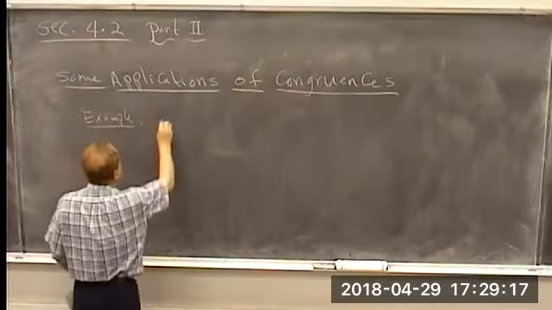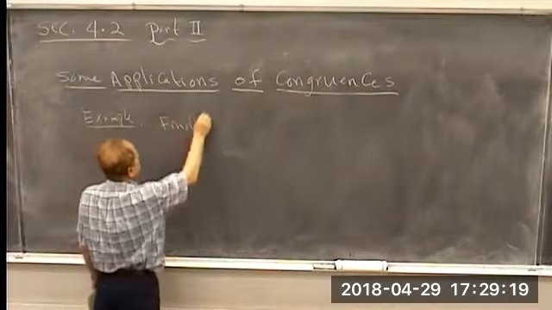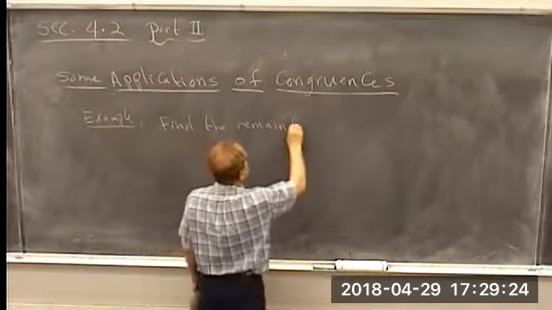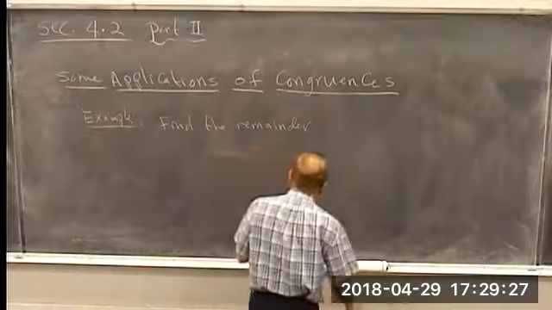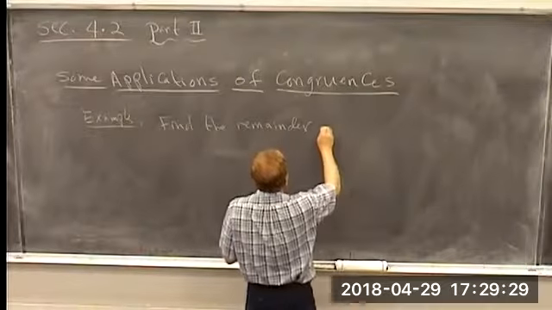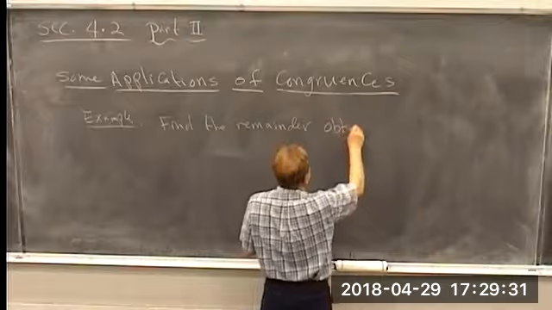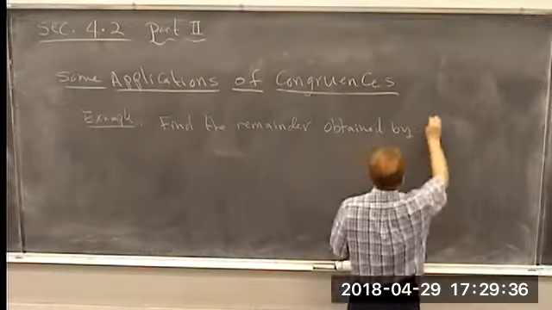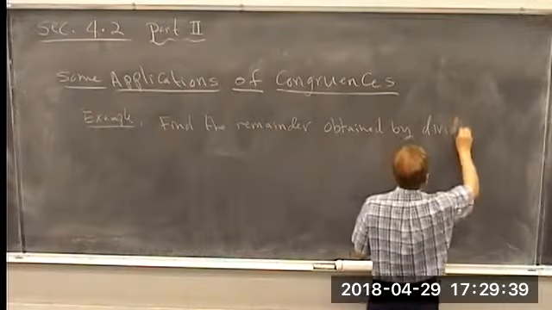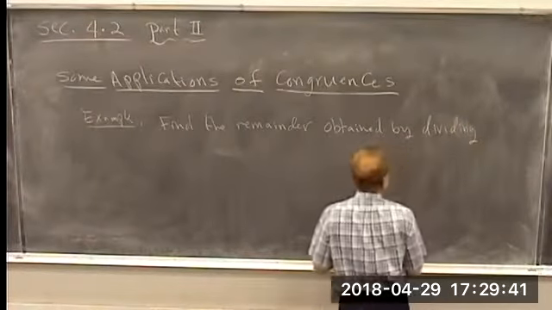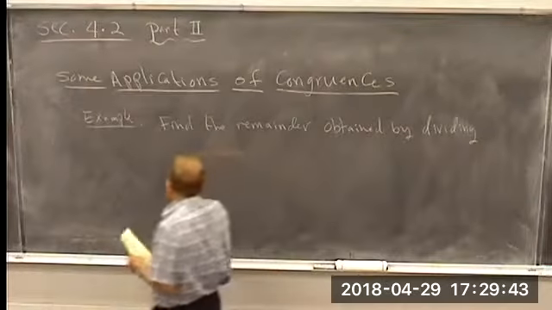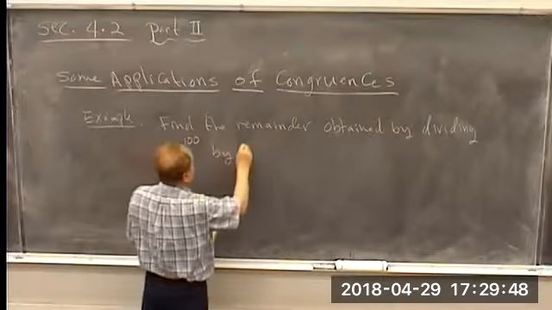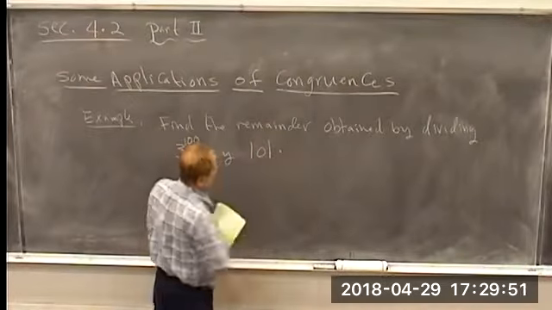Say we're going to find the remainder obtained by dividing 3 to the power of 100 by this number, 101.